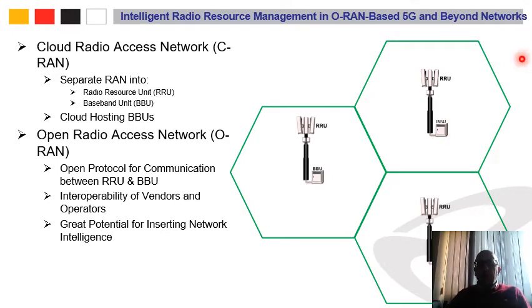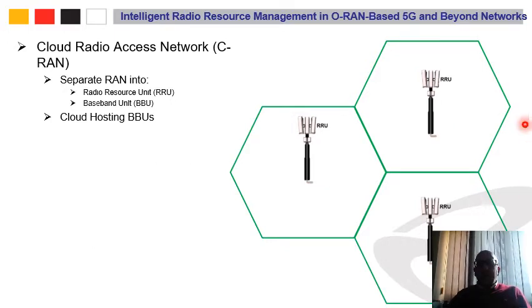And as you have learned in mobile communication, we have multiple cells. Each cell could take a hexagonal shape, and one base station is responsible for one cell. Now, the idea of a cloud radio access network is that while the RRU units have to be physically located in this particular location to represent this cell, actually the BBU do not have to be located there.